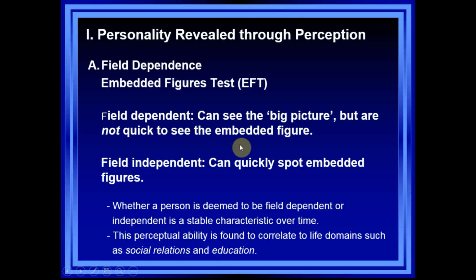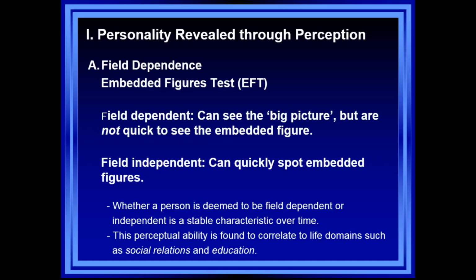Field independent people can quickly spot embedded figures. If you ask them questions about what's going on in the big scene, they may not be able to tell you that so well, but they can spot those embedded figures very quickly. That's called field independent. So picking out the details, the entire picture, it's independent of them.